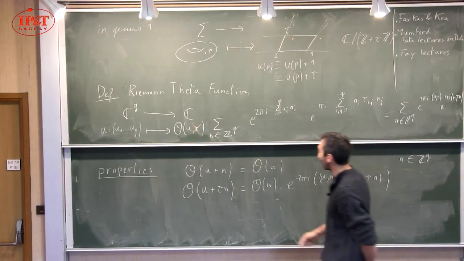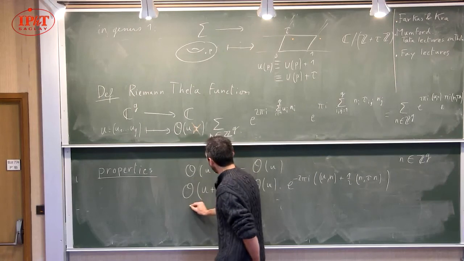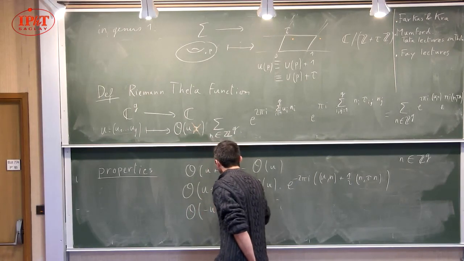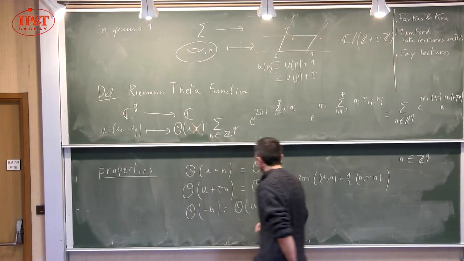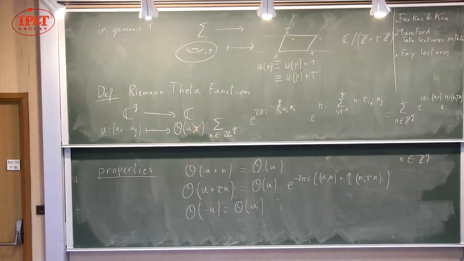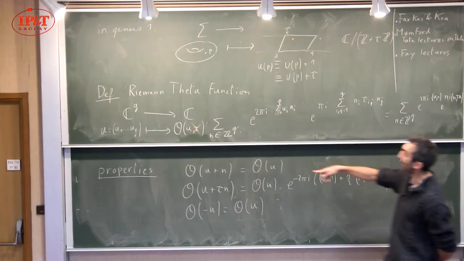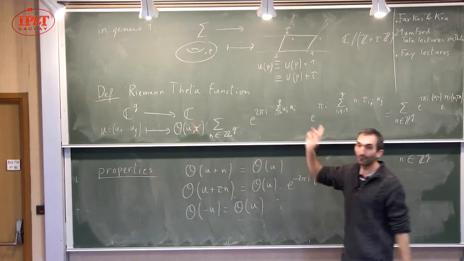Well, it has another obvious property, which is that theta of minus u equals theta of u. So it's an even function. All those properties are quite easy to prove from the definition.